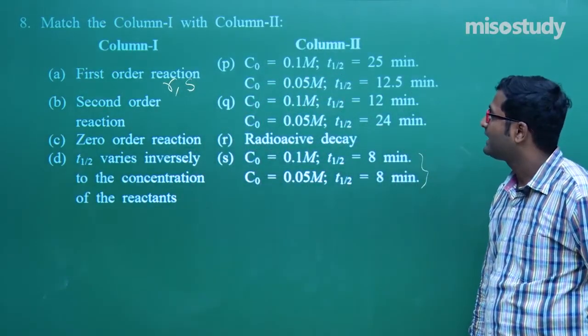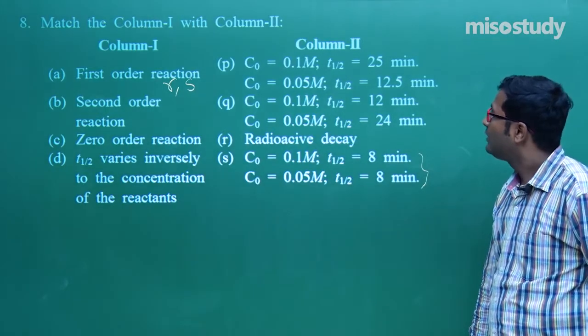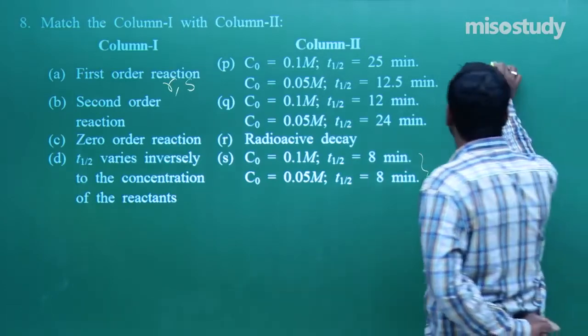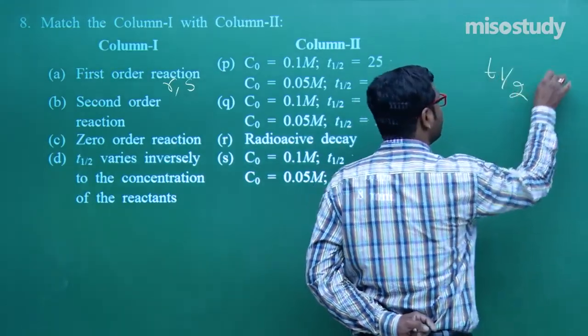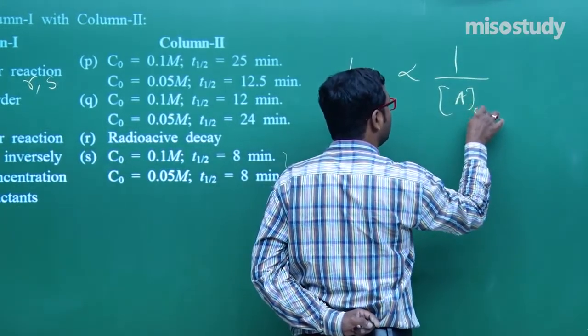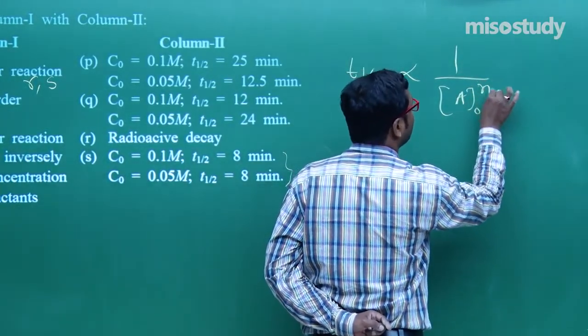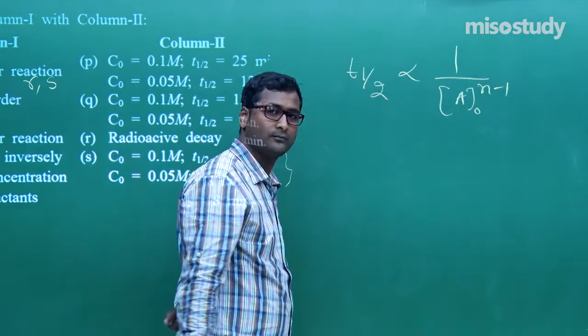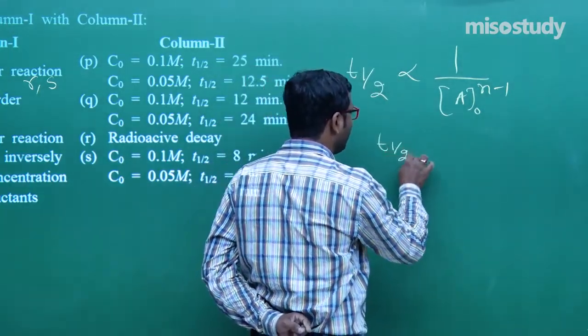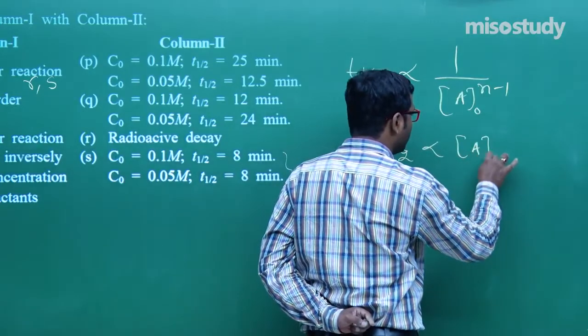Now for second order reaction, check it out. For second order reaction, look at T half. As we know, the relation is T half proportional to a naught to the power n minus 1. For zero order reaction, T half is directly proportional to initial concentration.